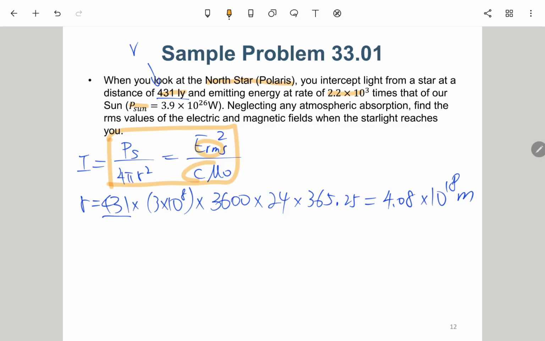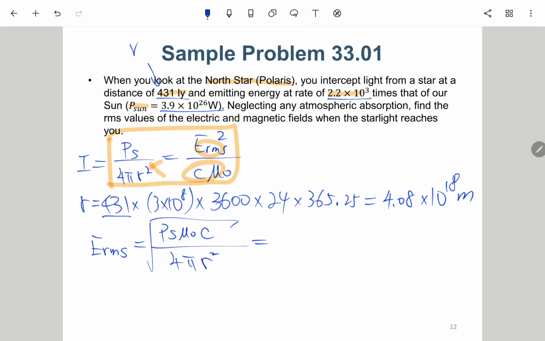By moving this part to the left side and then taking the square root, we can have ERMS equals the square root of PS mu naught C over 4 pi r square. PS is actually this thing multiplied by this P sun.